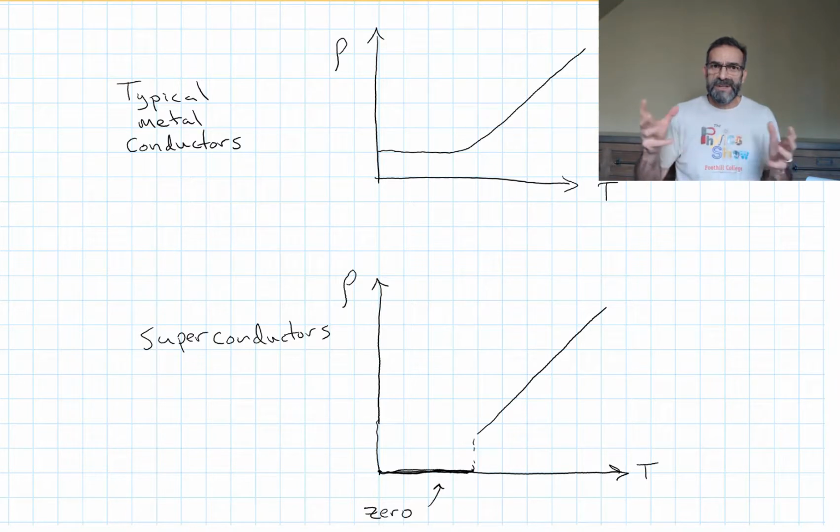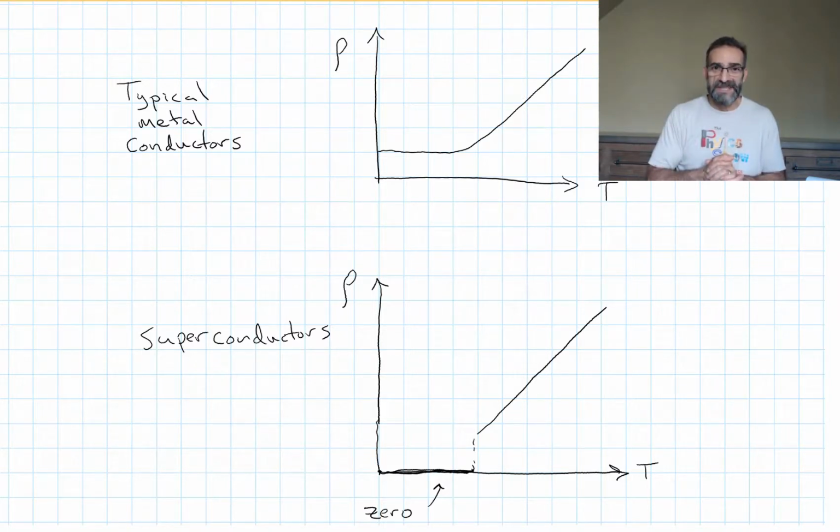But if there's no resistance, those electrons will keep going forever because they have inertia. They want to keep going in a straight line forever. And that's what they've seen. They've set up current in superconducting rings, removed the source of potential difference, and the current just persists.